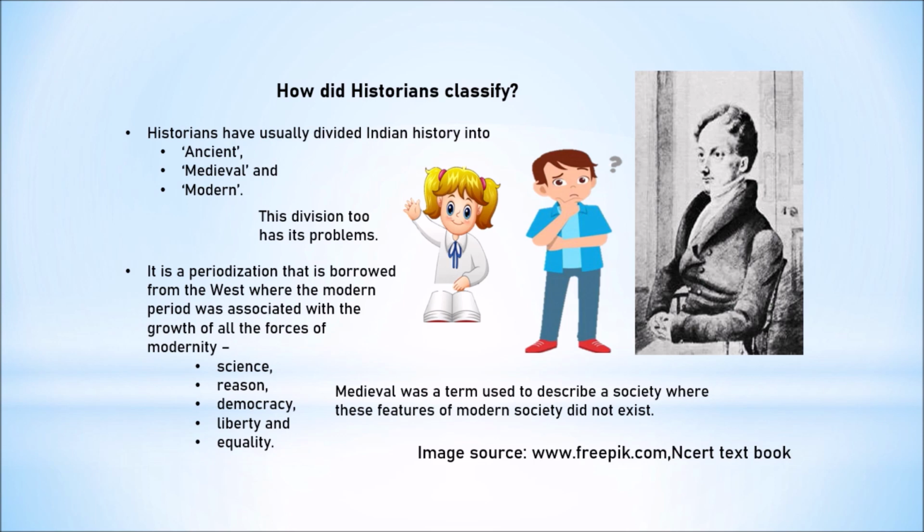But the features of Eastern societies were not the same as those of Western societies in the form of radical views or government liberalization views. Medieval was a term used to describe a society where the features of modern society did not exist. So these are the problems we can interpret from the Western periodization of Indian history.